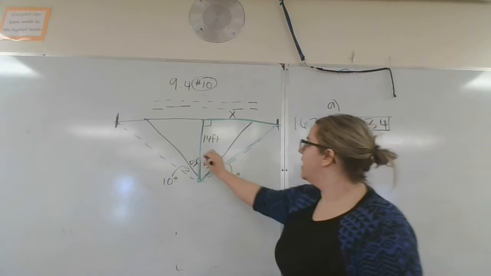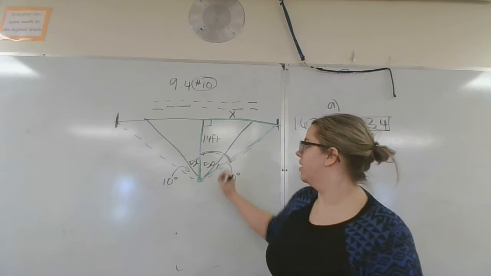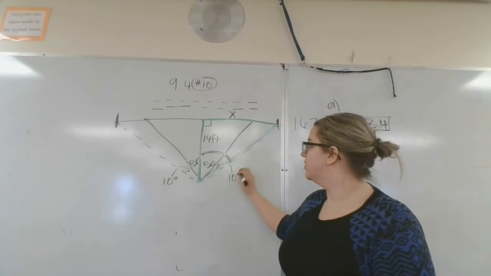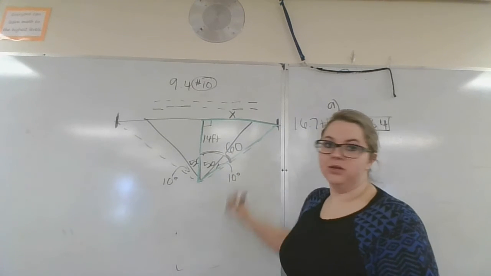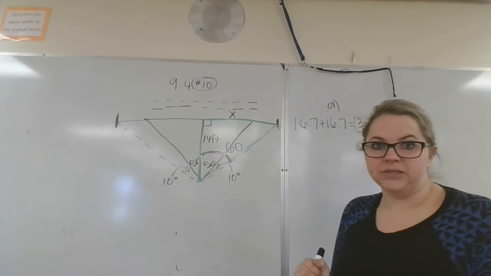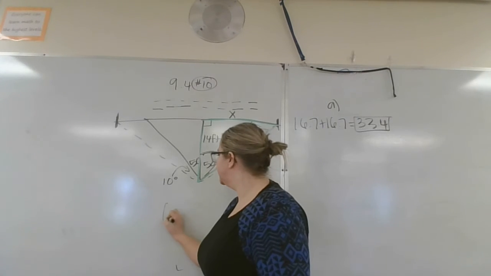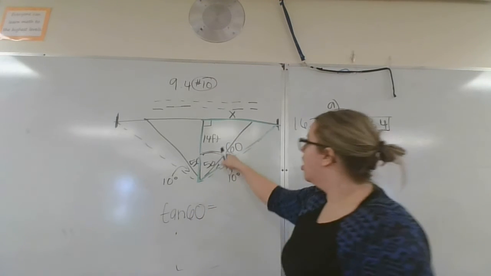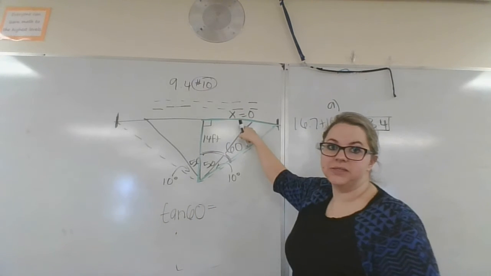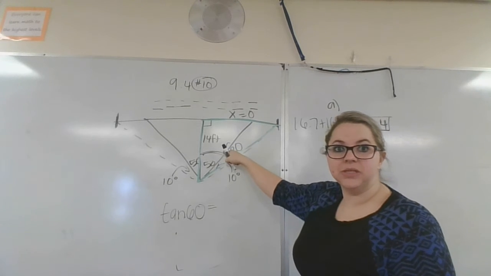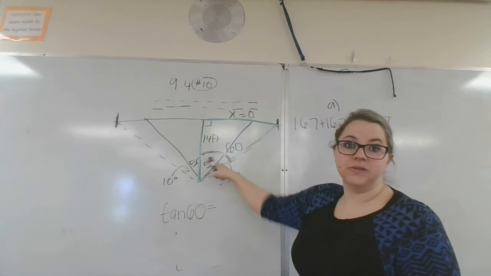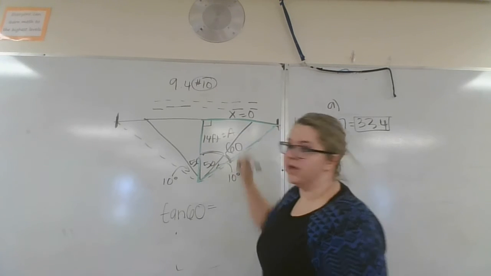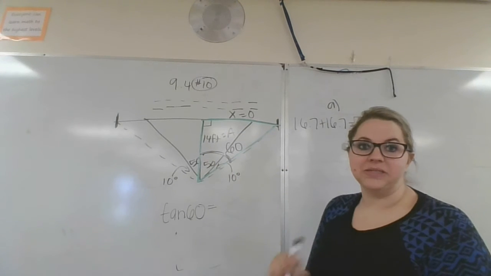But now my angle is this big angle here. I have 50 plus 10, so that makes this angle 60. So I'm going to do tangent of 60 equals opposite over adjacent. The opposite side didn't change, because my angle is in the same place. That 14 feet is still my adjacent side.